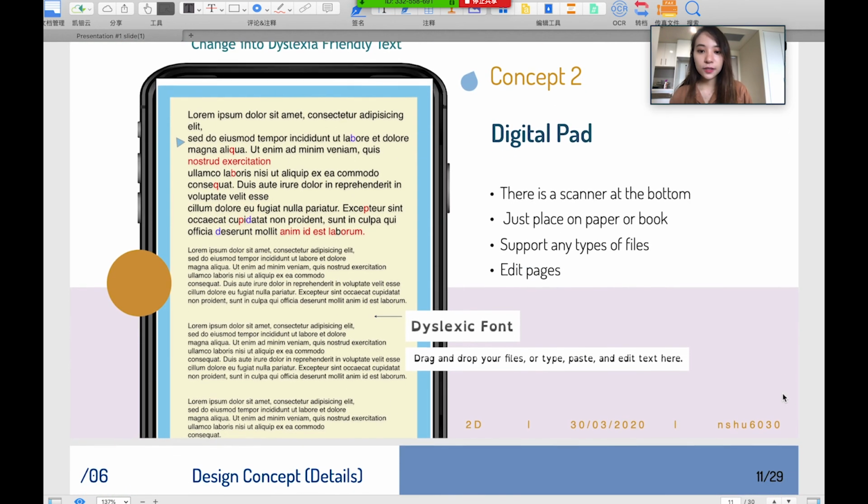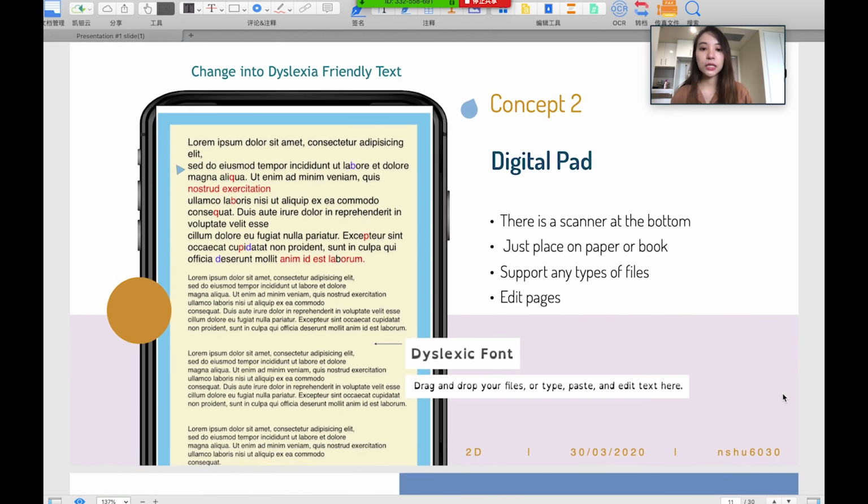The second concept is a digital pad with a scanner at the bottom, and the user just places it on the paper or book. The words will show on the screen and change into dyslexia-friendly text. It also has similar functions to concept one.